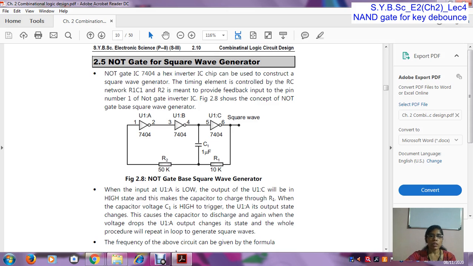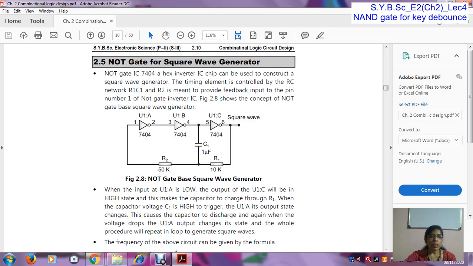So here we have two resistors R1 and R2 and one capacitor. The time delay we get by using R1 and C1. So the timing is controlled by the R1 resistor and C1 capacitor, and the R2 resistor provides the feedback from output to input.